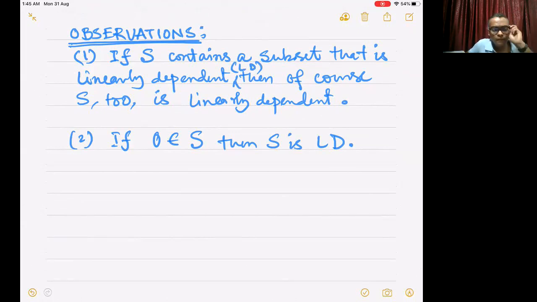So if S contains the 0 vector, then the non-trivial combination could be 1 times 0, that is 0. That's the non-trivial linear combination that goes to 0. So any collection that contains the 0 vector by default becomes a linearly dependent set.